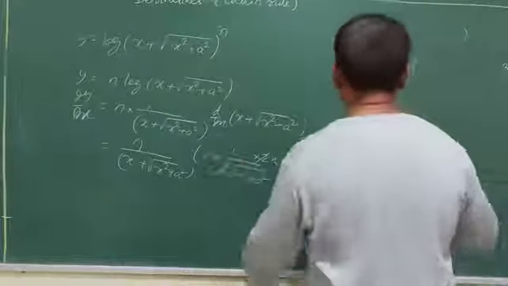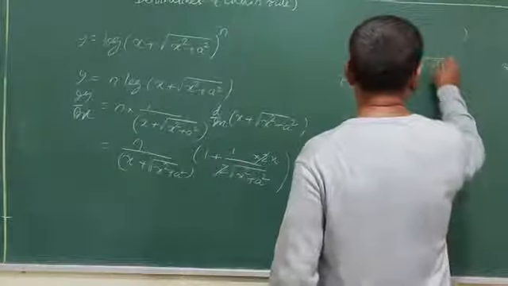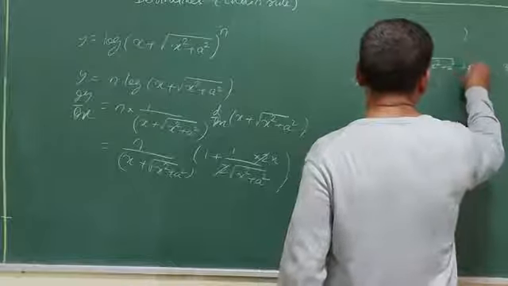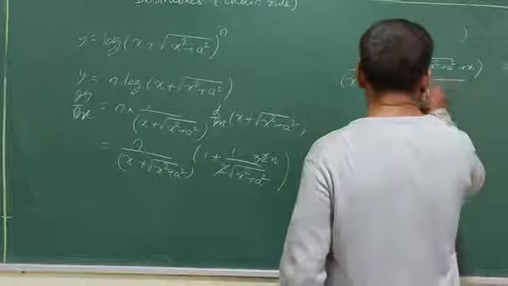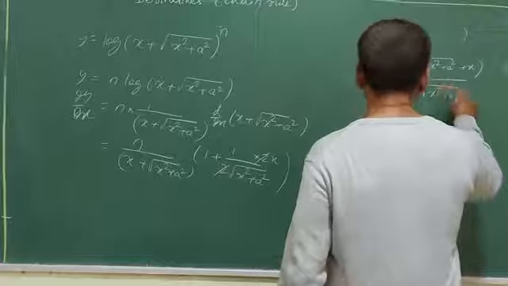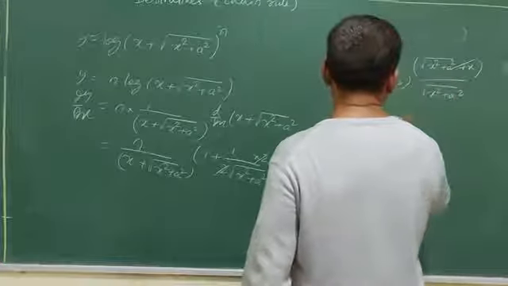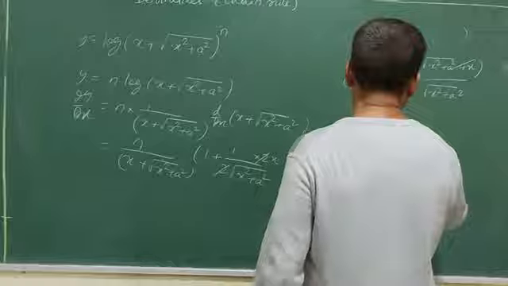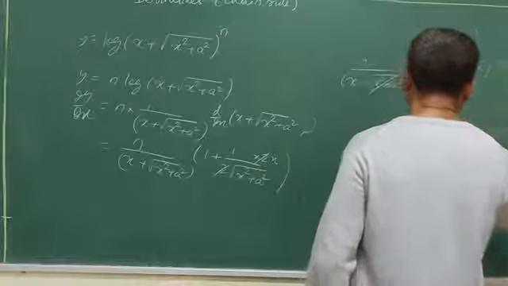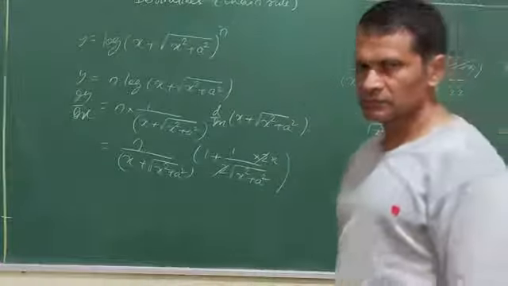Take LCM. Cancel out, the answer is n by under root x square plus a square. Clear?